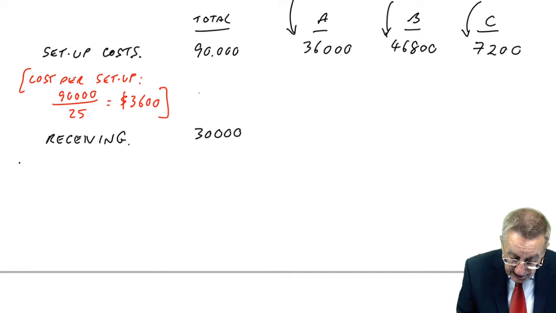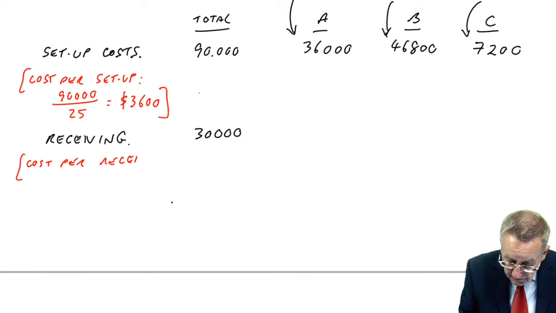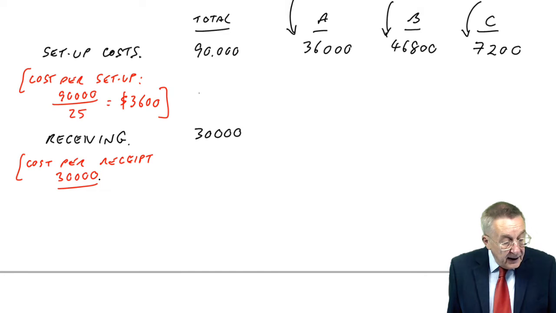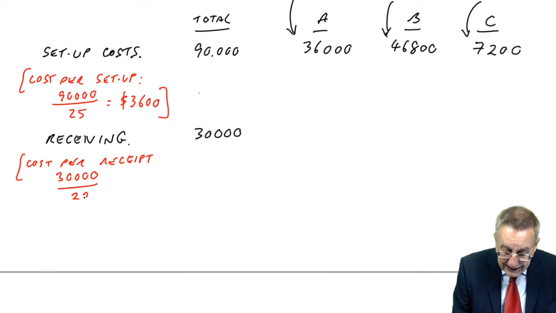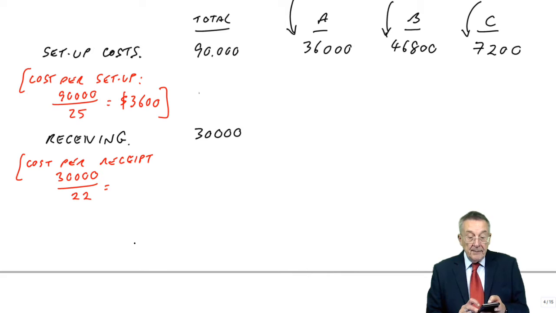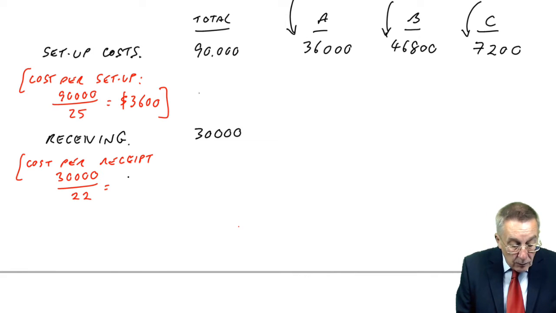And so let's work out the cost per receipt. It's 30,000 in total. How many receipts are there? 10 plus 10 plus 2 is 22. 30,000 divided by 22 is 1364.